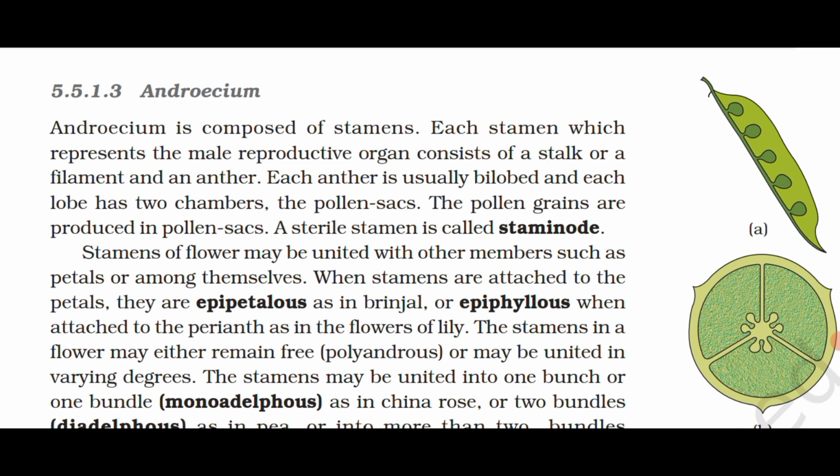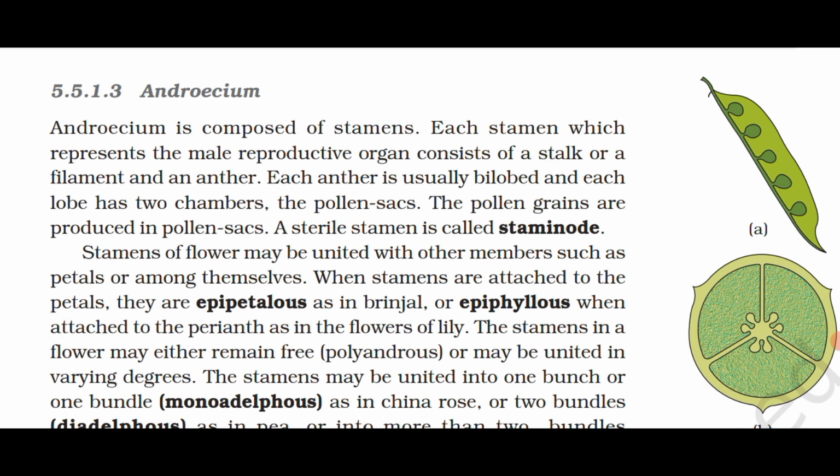A sterile stamen is called staminode. Stamens of a flower may be united with other members such as petals or among themselves. When stamens are attached to the petals, they are epipetalous, as in brinjal, or epiphyllous when attached to the perianth, as in the flowers of lily.